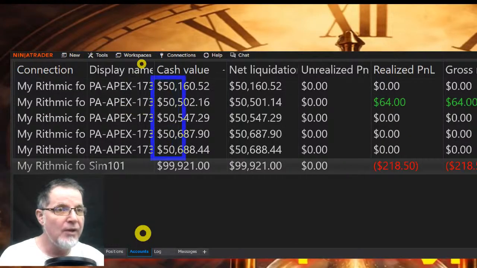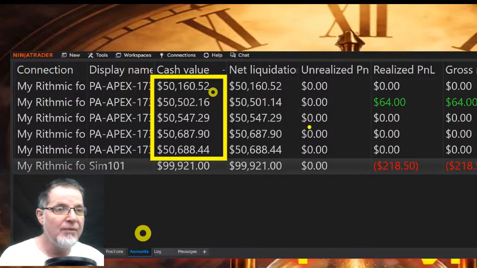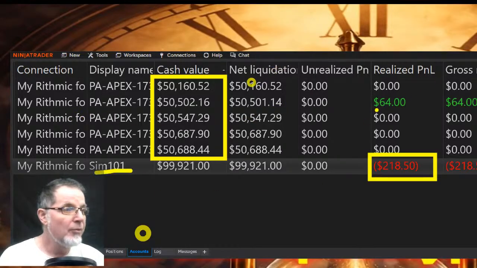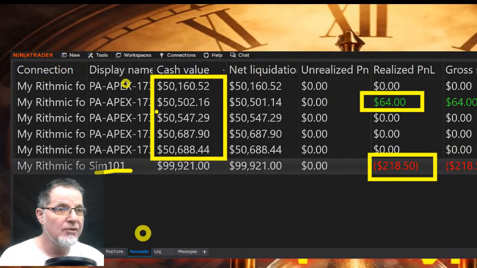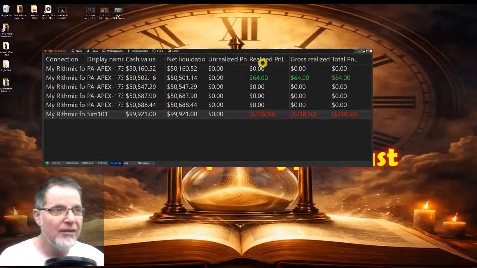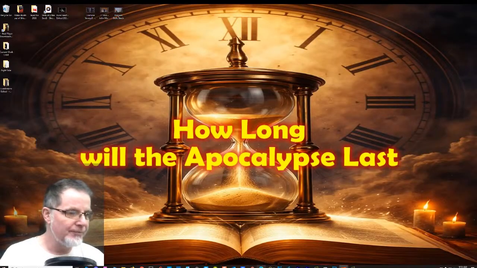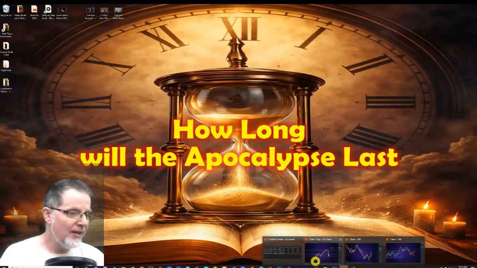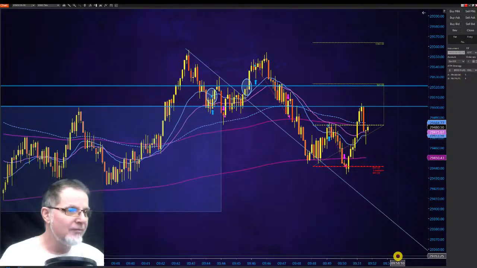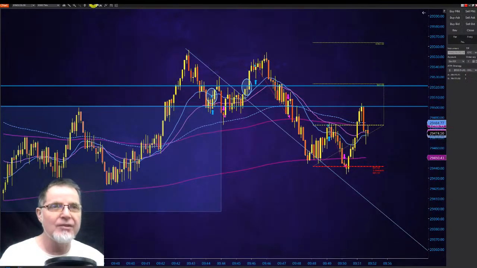So these accounts right here have to get to 52,600 to get a paycheck. You can see right here I took a loss on the simulator, but on the real one I got $64. So that's up another $64 there. I'm not gonna be foolish with those accounts. And I almost hit my maximum loss here.